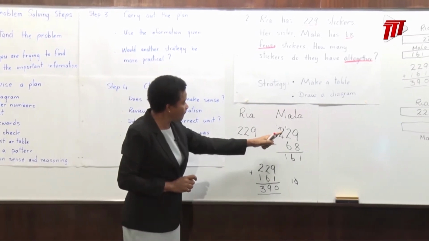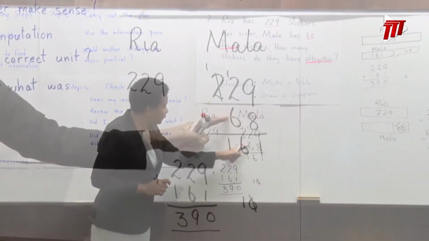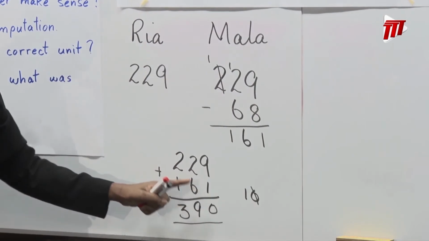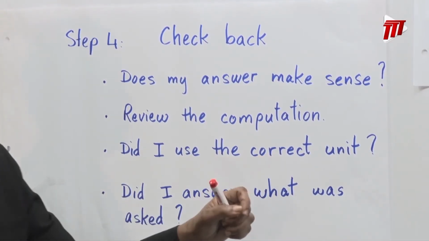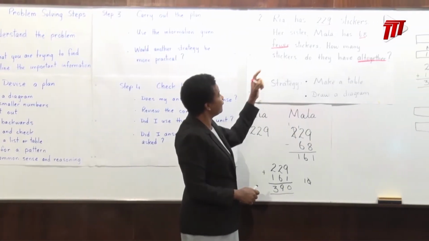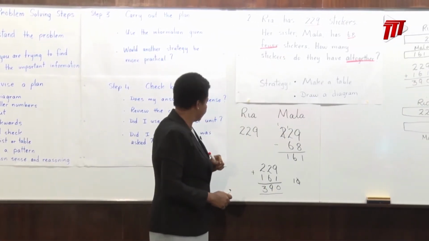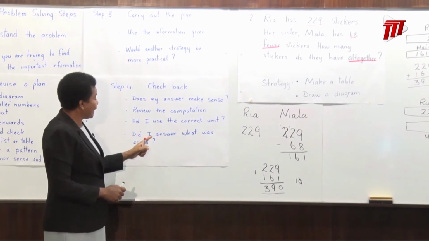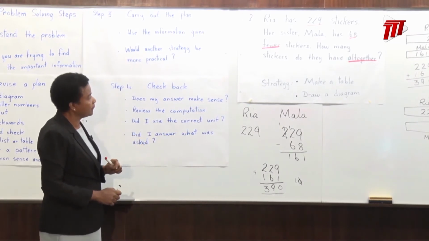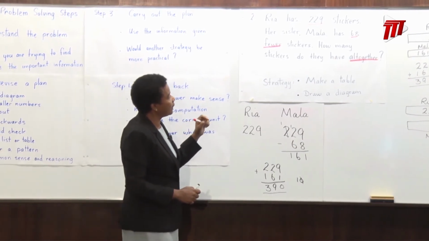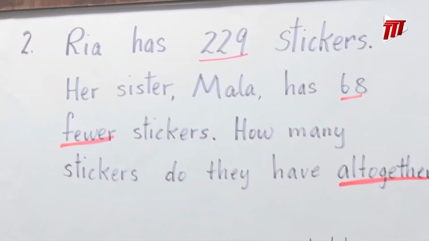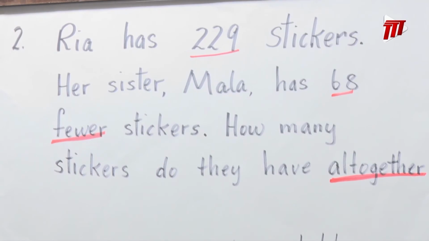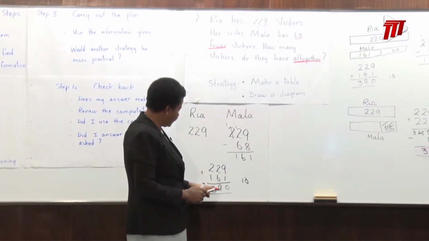We're just going to check back to make sure that our subtraction and addition were correct. Did I use the correct unit? Yes, the unit in this sum was stickers. Did I answer what was asked? The question asks us, how many stickers do they have all together? So did I add Rhea and Marla's total? Yes, I did.